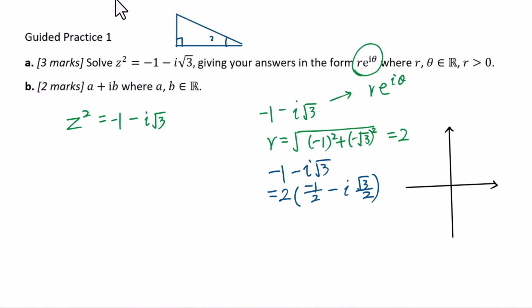This is a 30 degree, then the corresponding side will be 1/2. This is a 60 degree. Corresponding side is square root of 3 over 2. This is 1.